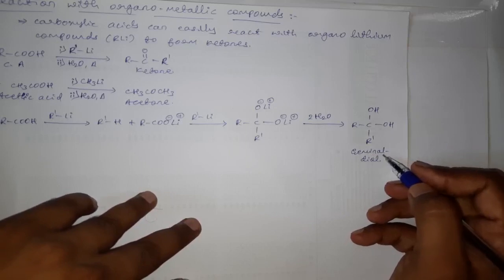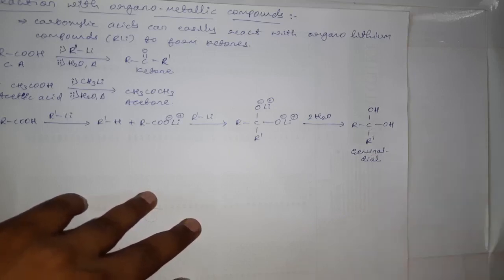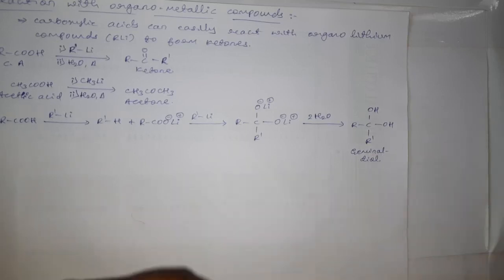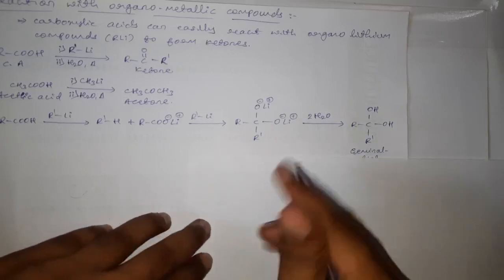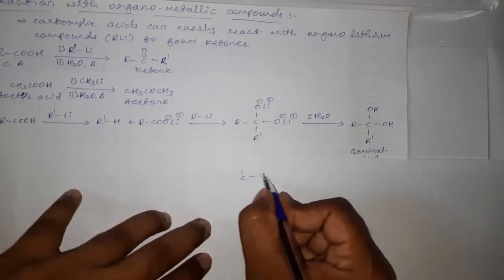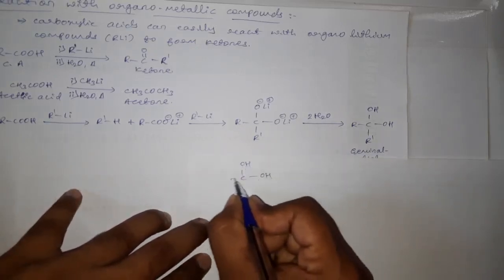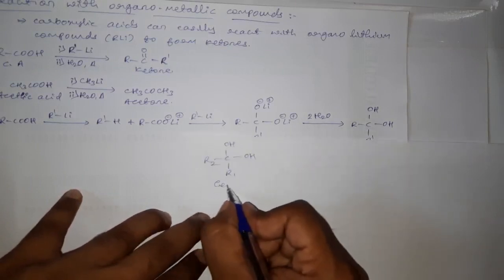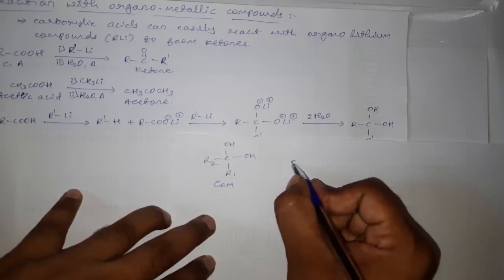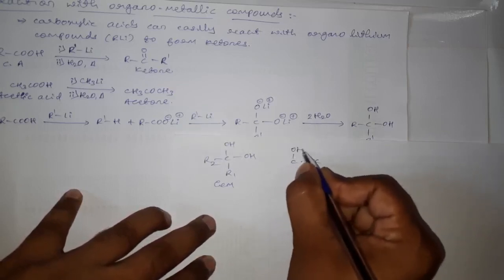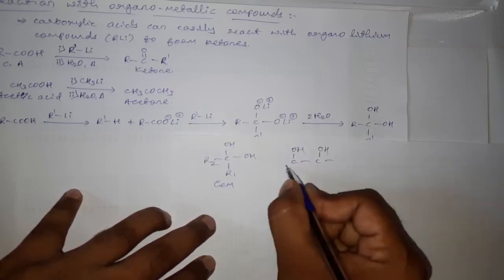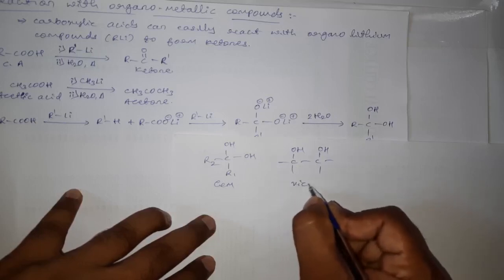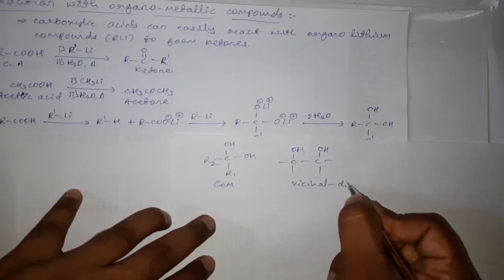If those two hydroxyl groups are present on adjacent carbon atoms, then those are called vicinal diols. If two OHs are there on this carbon, R1 R2, then this is called a geminal diol. And if two hydroxyl groups are present on adjacent carbons, then this is called a vicinal diol.